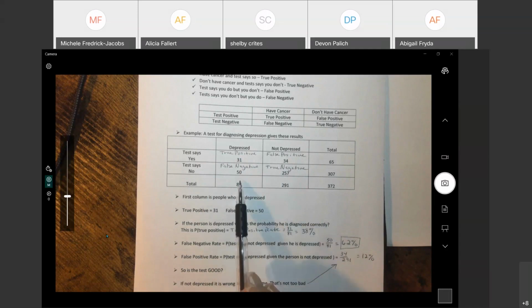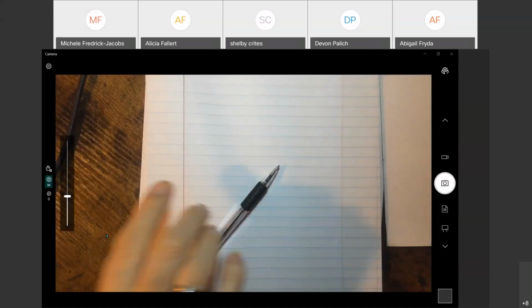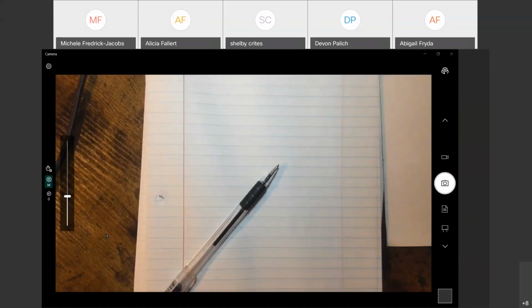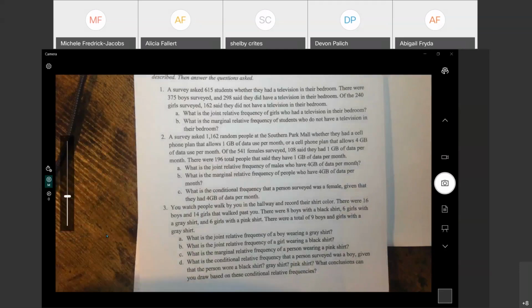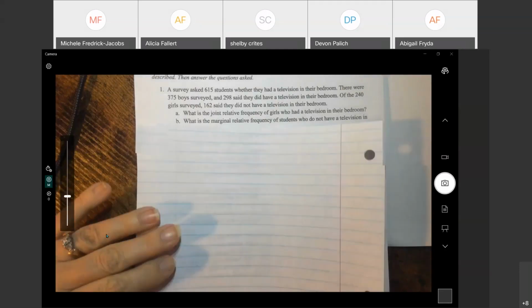And you always use the bottom when you find the rates. Any questions on that? I put out a couple problems. I don't like their questions, but I like their problems. Just to practice setting up a table.